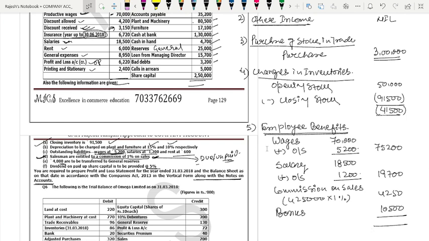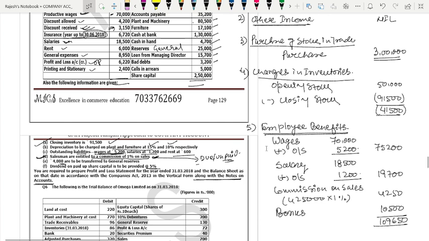So just total it. 75,200 plus 19,700 plus 4250 plus 10,500, 1,09,650. Okay.